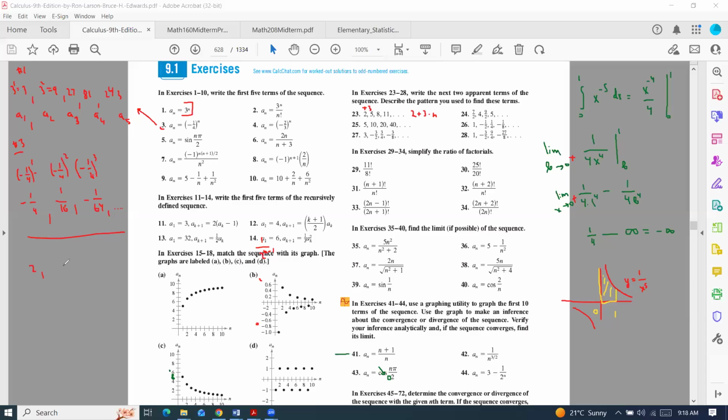Like the first term is just 2, so I think it's interesting to notice in this exercise, we have 23, so it's 2, 5. I just give myself a little room. So if I try to put it as 2 plus 3 times n, please notice that since we always start with the first term with index 1, it's not going to be 2 plus 3, because that's already 5.